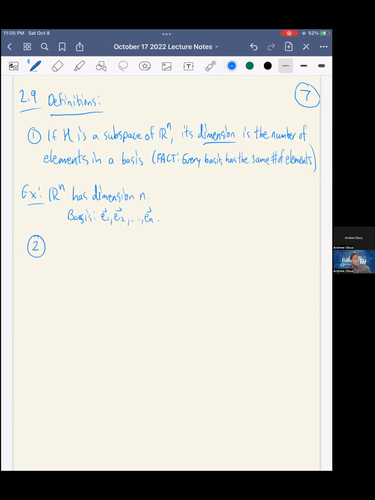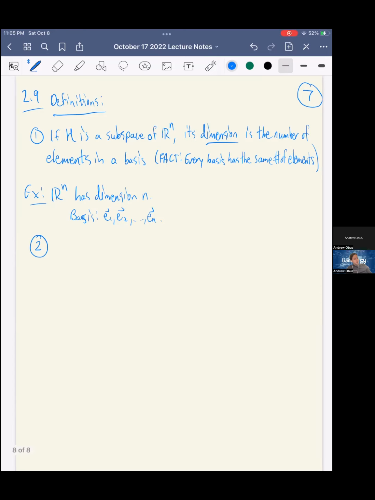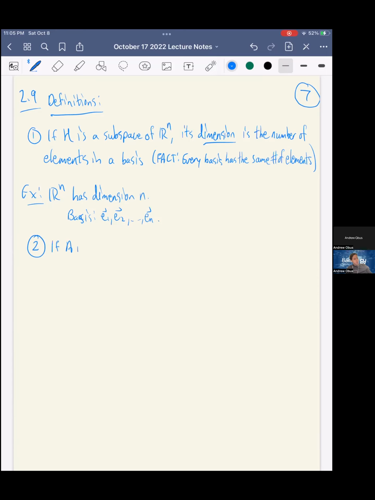So the second definition is, if A is a matrix, then rank of A is equal to the dimension of the column space of A. So write dim for dimension, right?